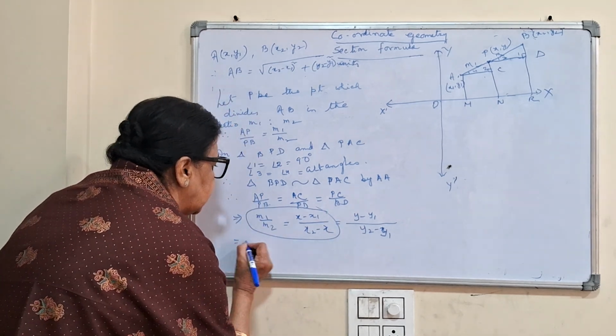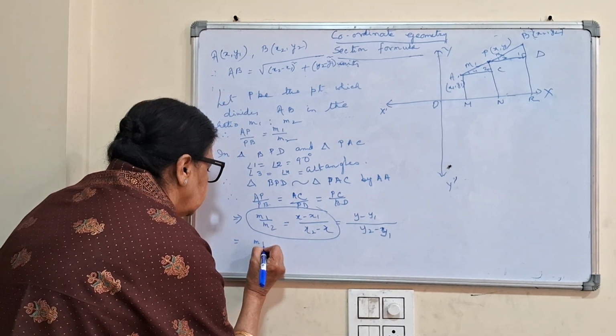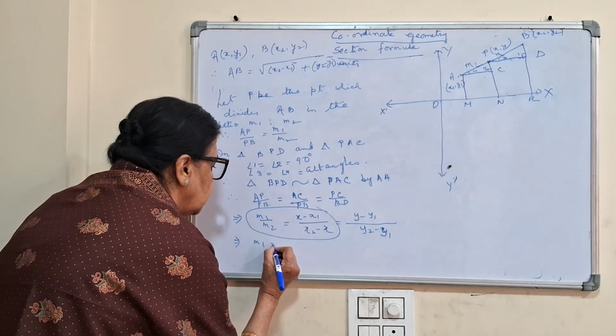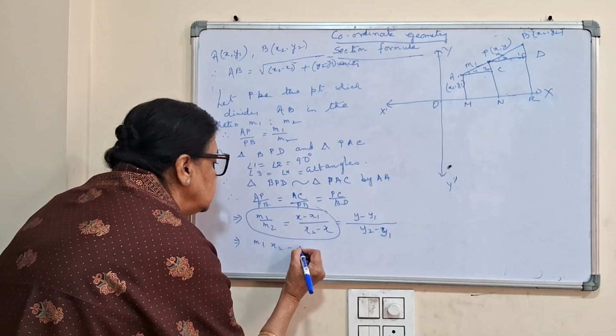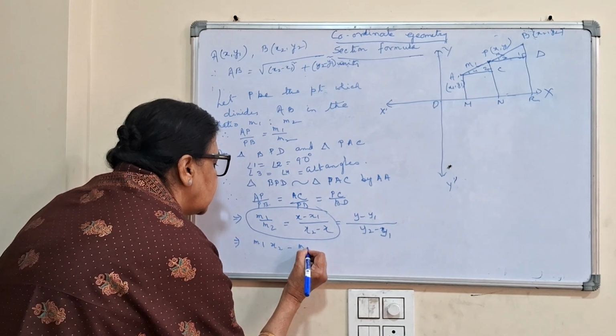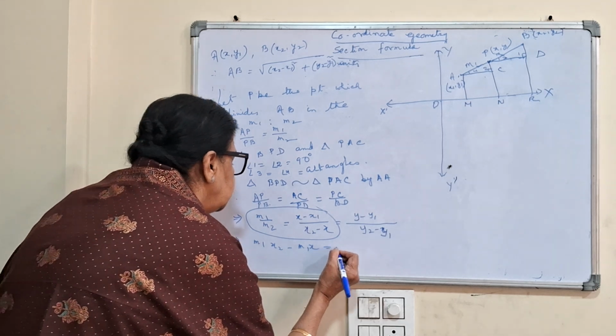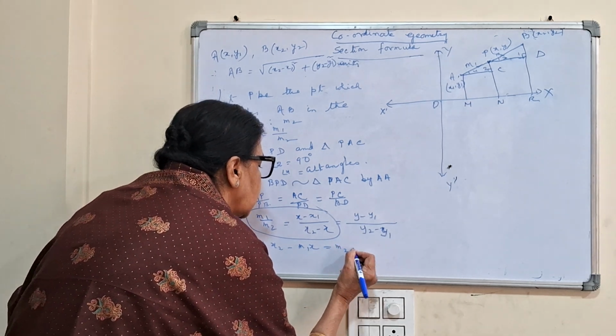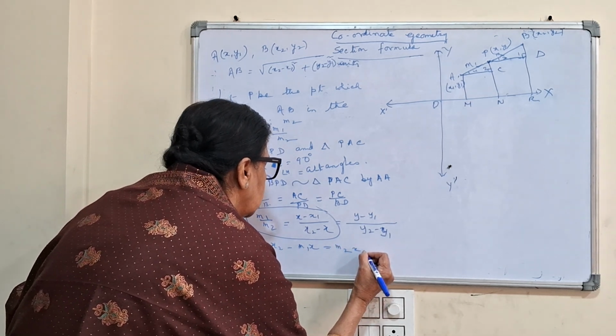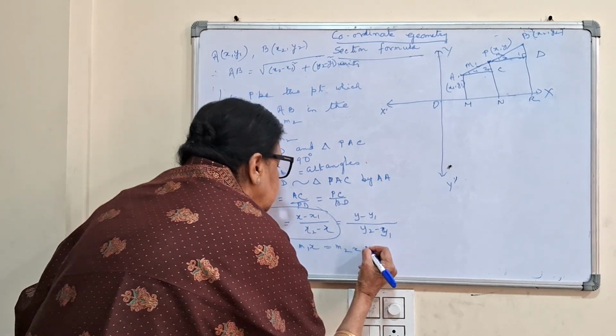From these two, what do I get? M1 (x2 minus x) is equal to M2 (x minus x1), so M1 x2 minus M1 x is equal to M2 x minus M2 x1.